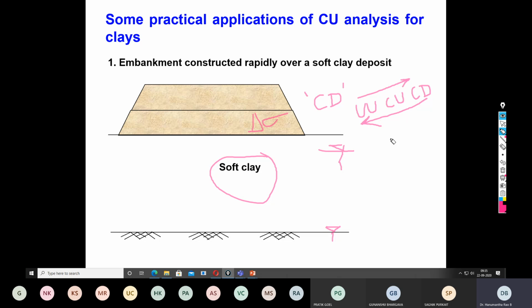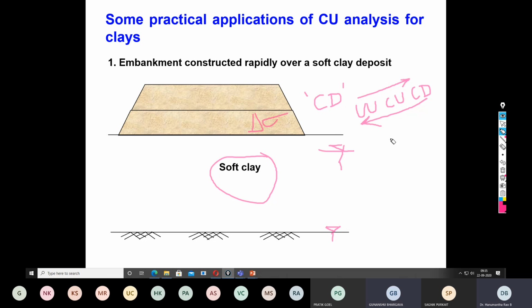No, sir, even after removing the load. But if we increase the load, it will consolidate again for that particular load. What is the basis for saying that? Sir, because the delta sigma will increase.